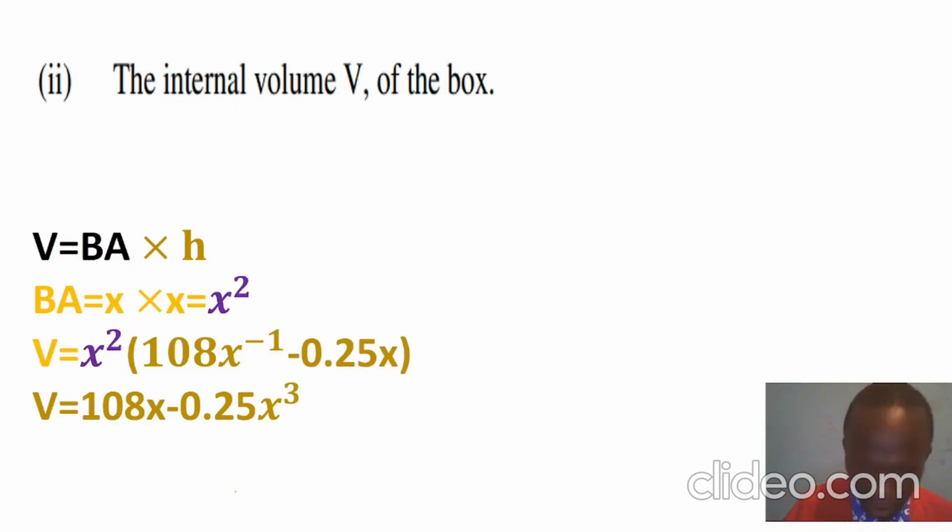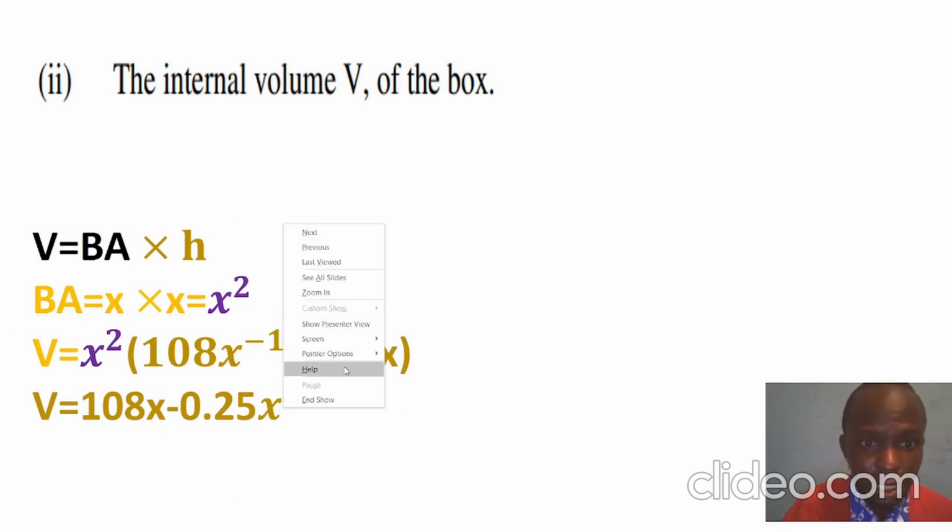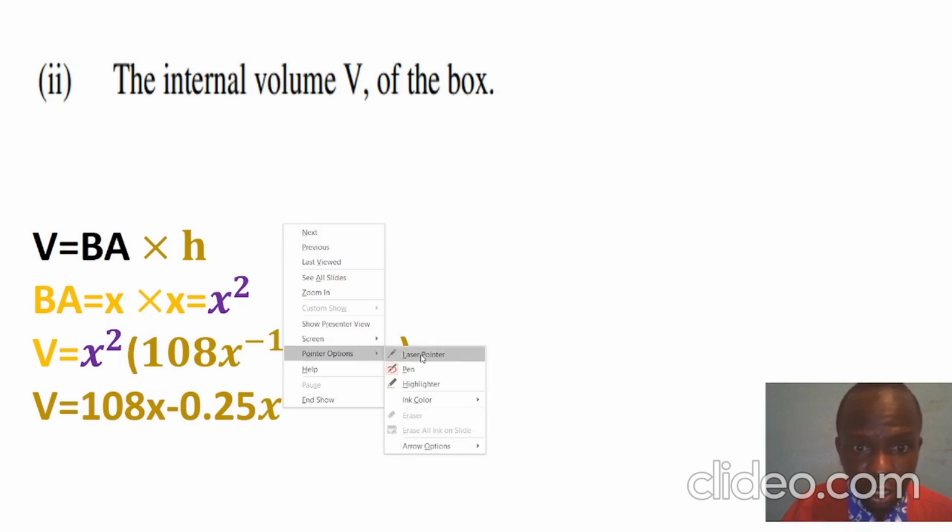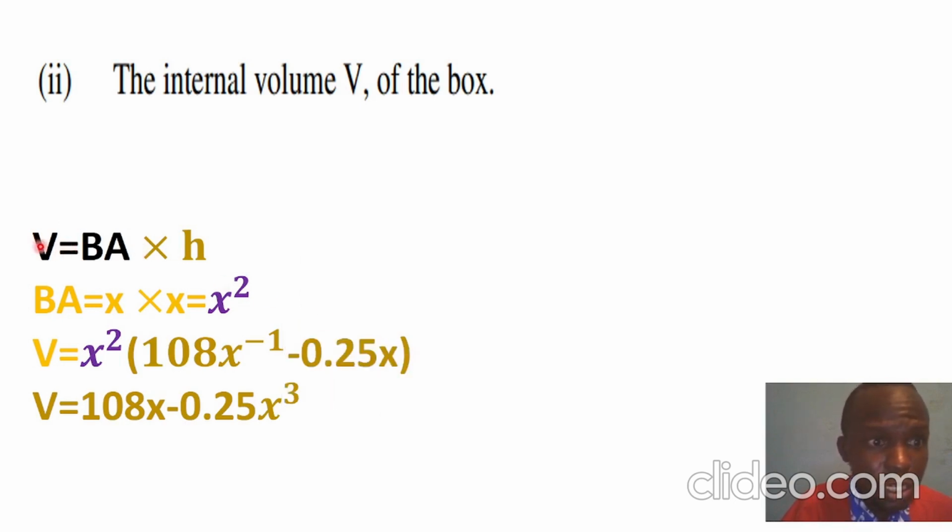From basic measurement knowledge, we should know that the volume of a cuboid is given by base area times height, or the volume of any prism, because a cuboid is a prism, is base area times the height.